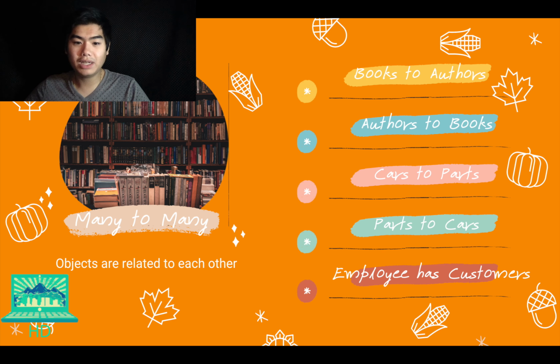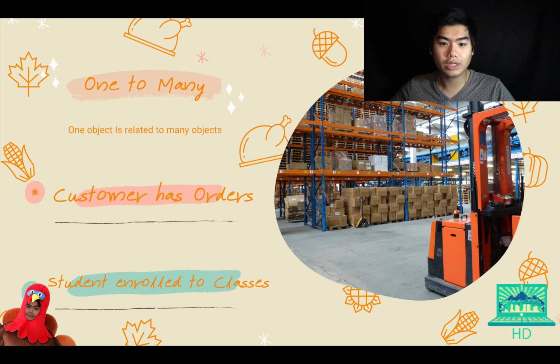And typically, if you want a many-to-many relationship, it goes with multiple objects going to multiple objects. And this way, in most cases, you're able to bring the object information back and forth. What I mean by that is that you can grab the parts information and the cars information all from the parts method or all from the parts class. But in our previous example, if it's a one-to-many, the customer has the ability to grab all of the orders, and then the order is only available to get the customer.